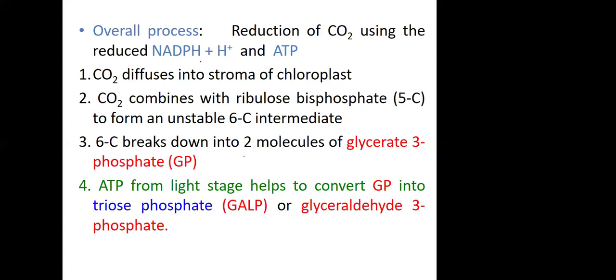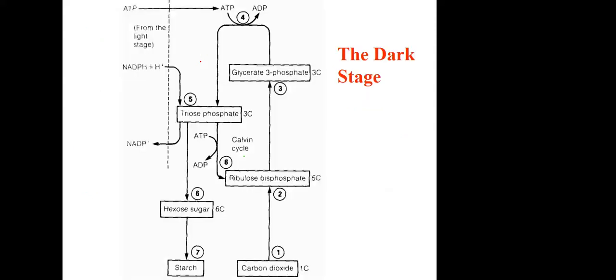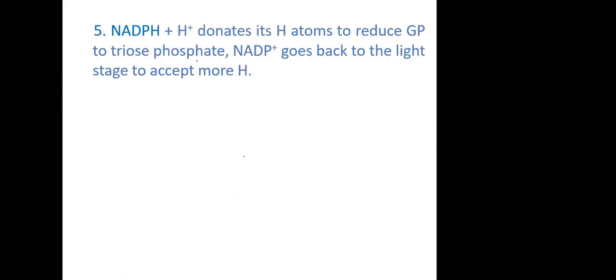Then 4, ATP from the light stage will convert GP into triose phosphate. Then 5, the reduced NADP donates its hydrogen atoms to reduce the GP to triose phosphate, whereas the oxidized NADP will go back to the light stage to accept more hydrogen ions.